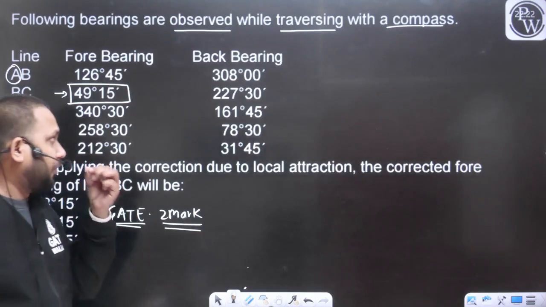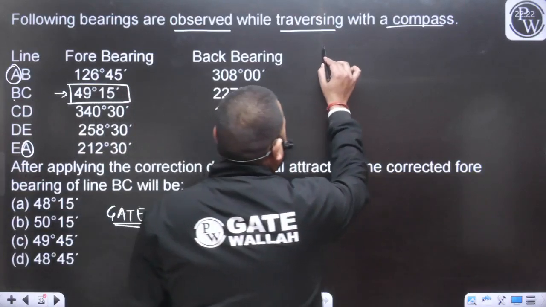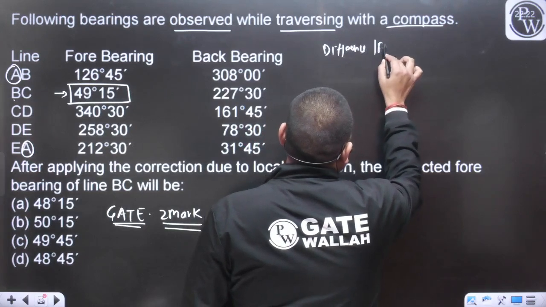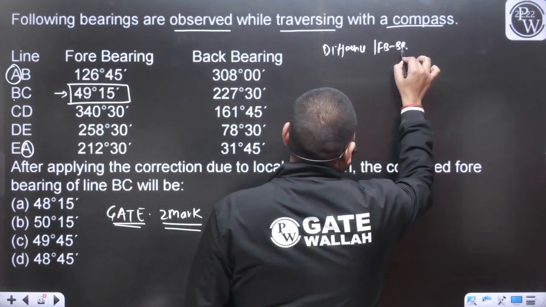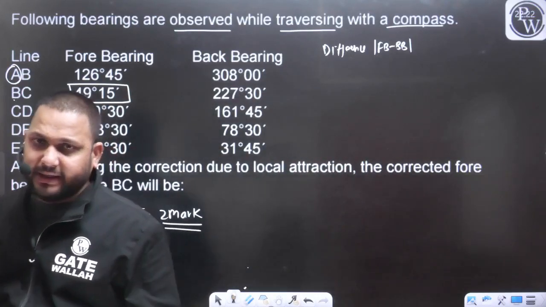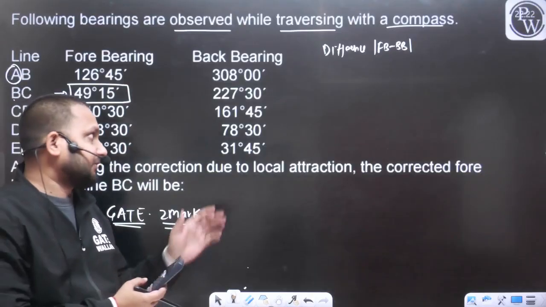Okay. So what we can do is check the difference of the fore bearing and back bearing of all the lines. So let's check.